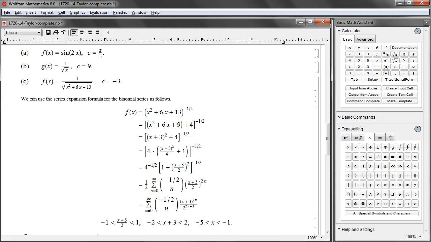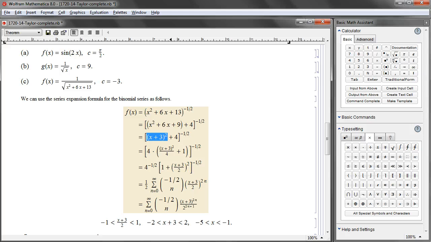That's really time consuming. So let's move on to a little bit more clever method. This is the -1/2 power, and complete the square here. This is x squared plus 6x plus 9 plus 4. So we have this complete square plus 4.